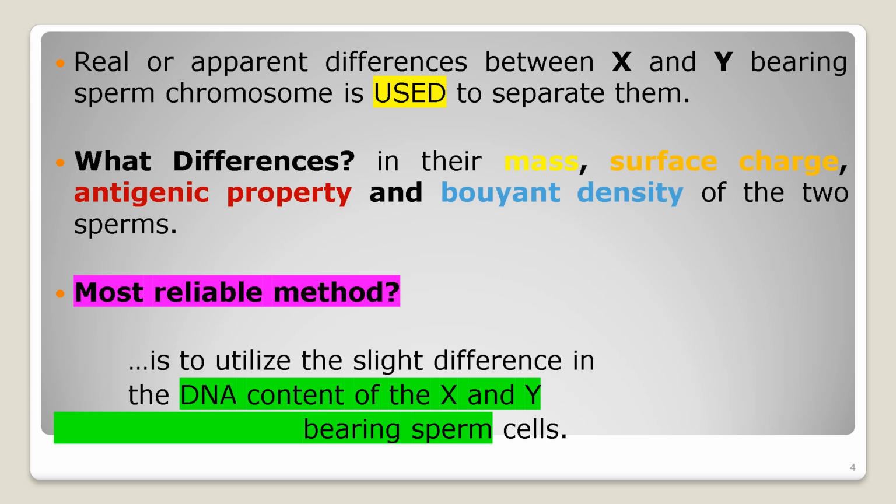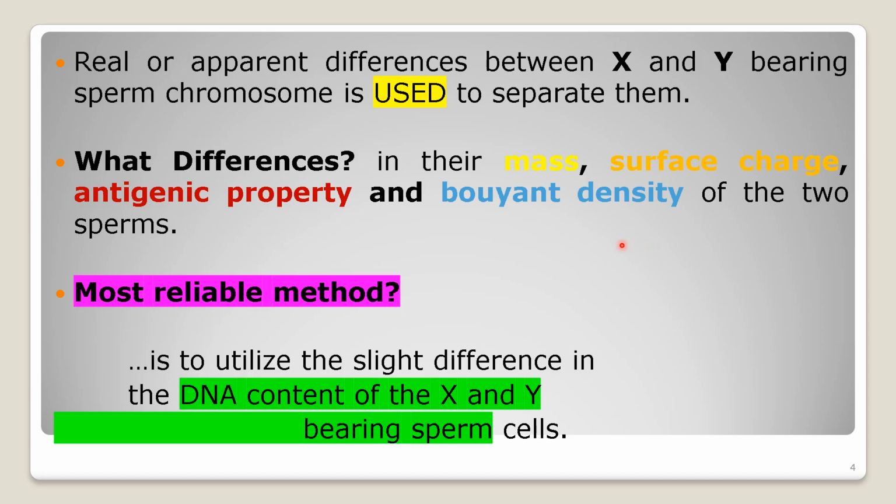Real and apparent differences between X and Y bearing sperm are used to separate them. What are those differences? There are differences in the mass, the surface charge, antigenic property, and the buoyant density of the two sperm cells.